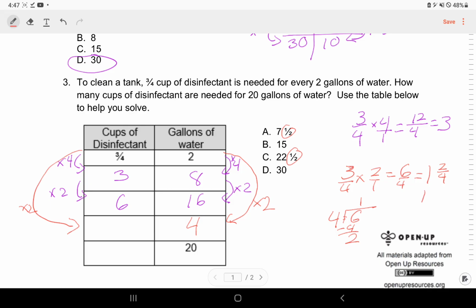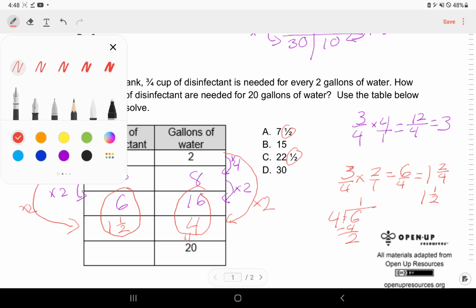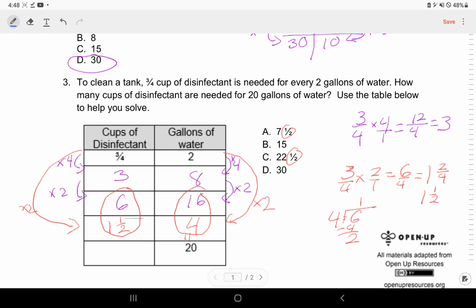Well, 2/4 is 1/2. 16 plus 4 is 20. 6 and 1 is 7, plus the 1/2 is 7.5. So it's A.